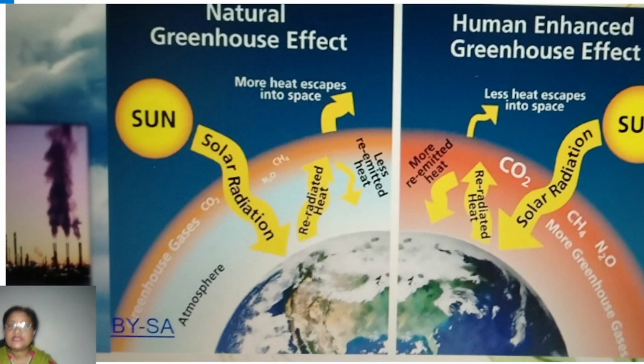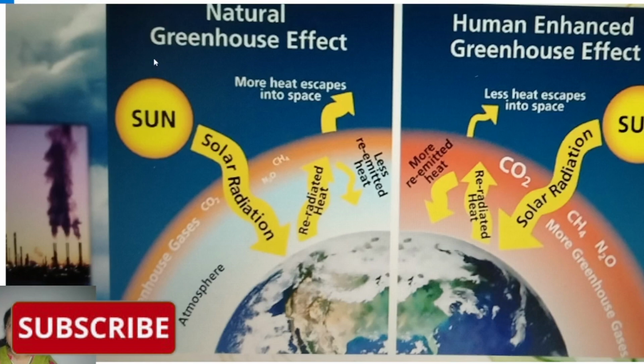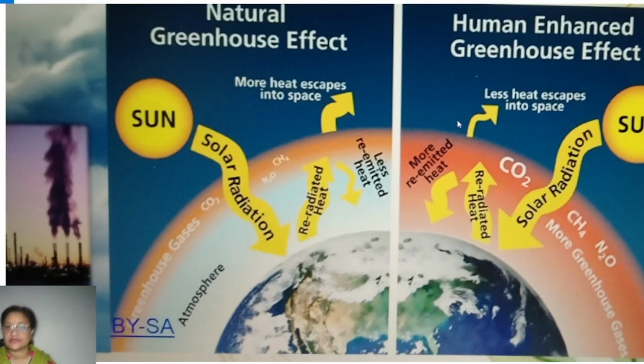Now, here you can see there is a natural greenhouse effect, and on the other side it is given the human enhanced greenhouse effect, right? Now, what is the greenhouse effect first of all? It is the effect of greenhouse gases on the temperature of the earth's surface and the surrounding atmosphere.